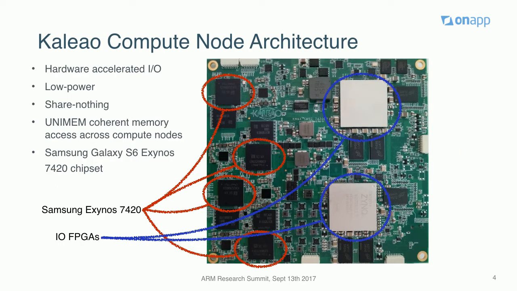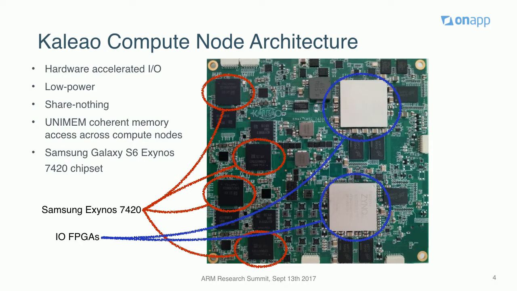So the Kaleo compute node, which I'll talk about mostly in this talk, is a new type of server architecture. It's a custom-built PCB board, and it comprises 4 discrete Exynos ARM-based processors with some centralized I/O resources.